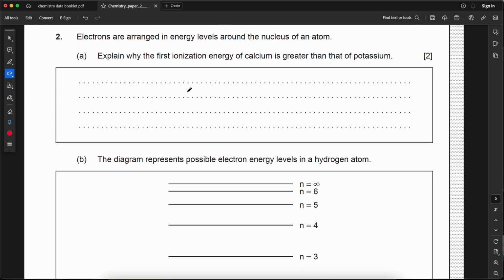Okay, electrons are arranged in energy levels around the nucleus of an atom. Explain why the first ionization energy of calcium is greater than that of potassium. Increasing number of protons will increase the nuclear charge.